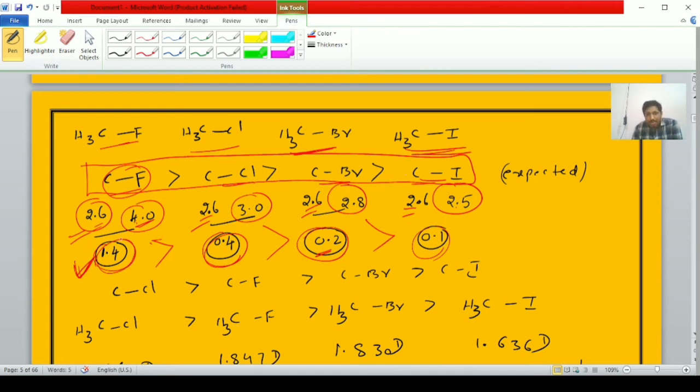As electronegativity difference is more, dipole moment is more. As electronegativity difference is less, the dipole moment is also less.